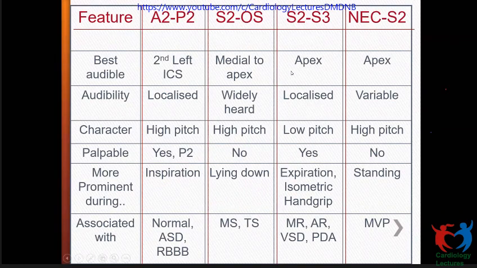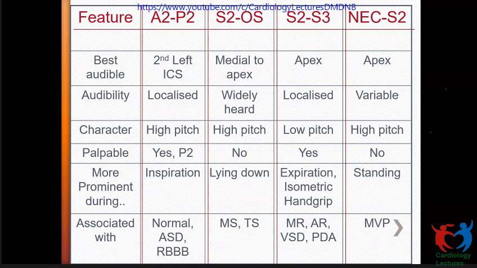How do you distinguish? I'm sure by this time, A2 to P2, you know how to do it. Inspiration, expiration, typically it varies, but there are exceptions. Opening snap is best heard in the 4th intercostal space down, medial to the apex, wherever the apex may be. Remember that even if the apex is in the 7th or 8th intercostal space, opening snap is best heard medial to the apex, preferably in the normal apex, 4th, 5th space.